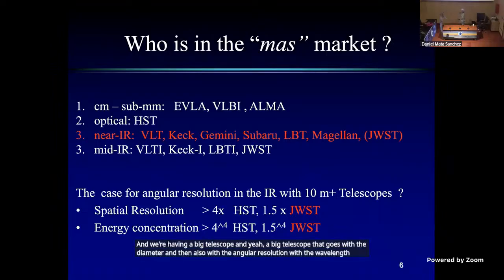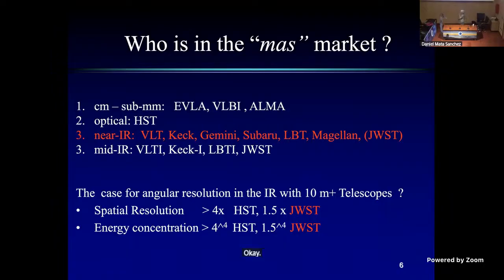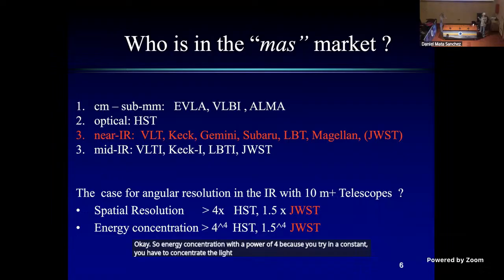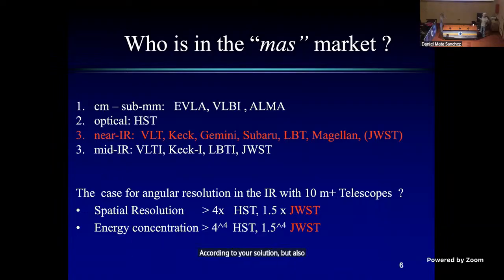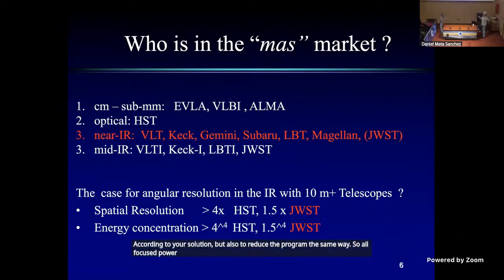Energy concentration works with a power of 4: you have to concentrate the light in the PSF according to your resolution, but you also reduce the background the same way. So each works with a power of 2, and together it is a power of 3. That is what it does.